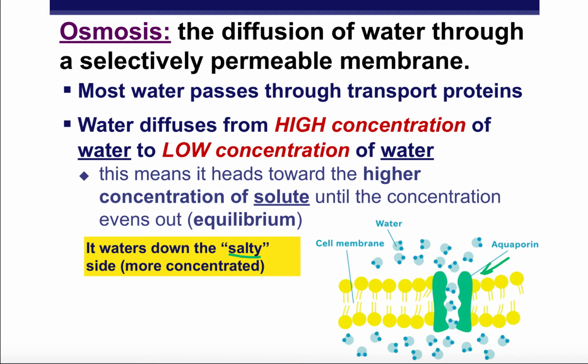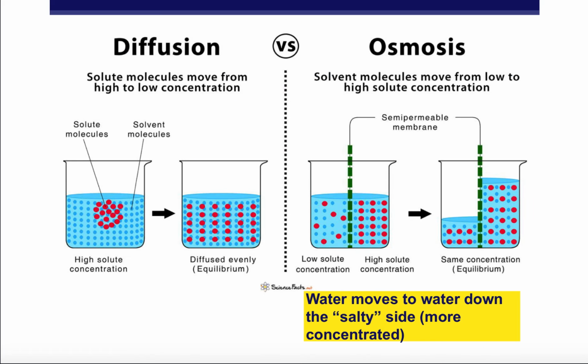So that throws students off because they go, wait, diffusion is from areas of high concentration to low concentration, and that is correct. But for water, it's going from high concentrations of water to lower concentrations of water, but what that ends up meaning is they move to the side with more solute to balance it out so that it's got more of the same concentration of water to solute on each side.